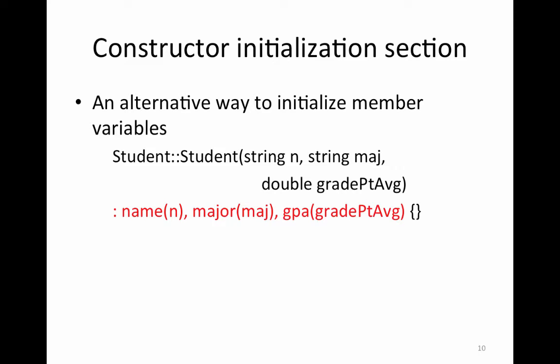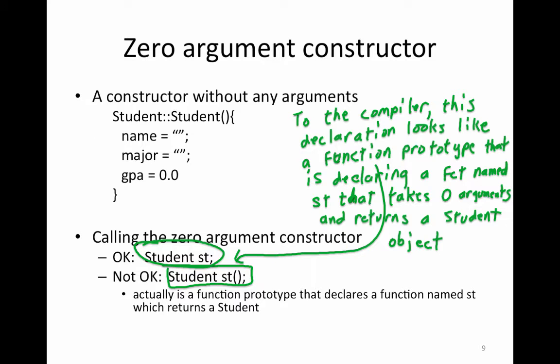Okay, so I'm going to give you 5, 4, 3, 2, 1, 0. Very good. If it's a 0 argument, it does not take any parentheses. For those of you who answered 2, copy this slide down. That is why 2 is wrong, because to the compiler, number 2 looks like a function prototype.